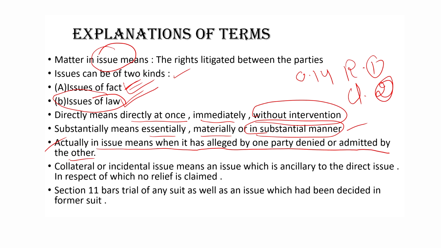If you are alleging through your plaint, the court accepts it and issues notice or summons to the opposite party, and the opposite party comes and either admits or denies. These are the two choices with the opposite party. So if you are alleging and the opposite party is either admitting or rejecting, that is called actually in issue.